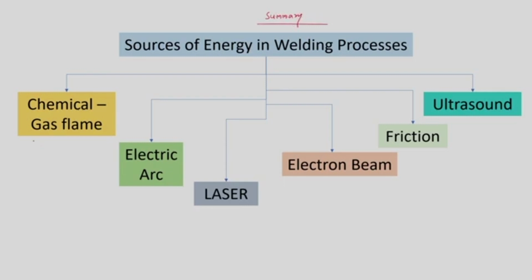So, as I mentioned, chemical or gas flame based energy, electric arc, which is again converted into thermal energy, laser, where we are using the photon energy, as we have already seen, electron beam, high speed electrons, and kinetic energy of the electrons.